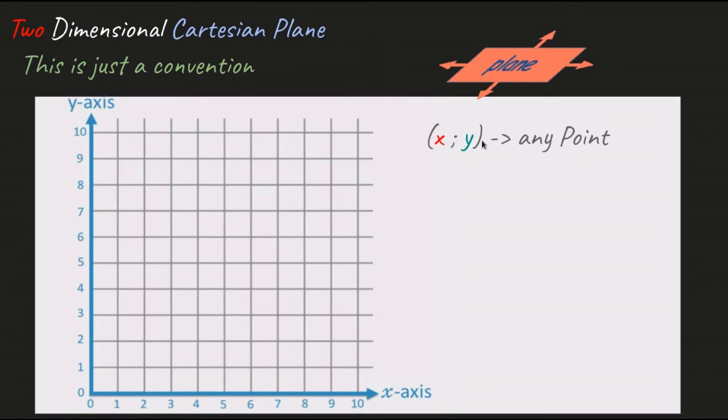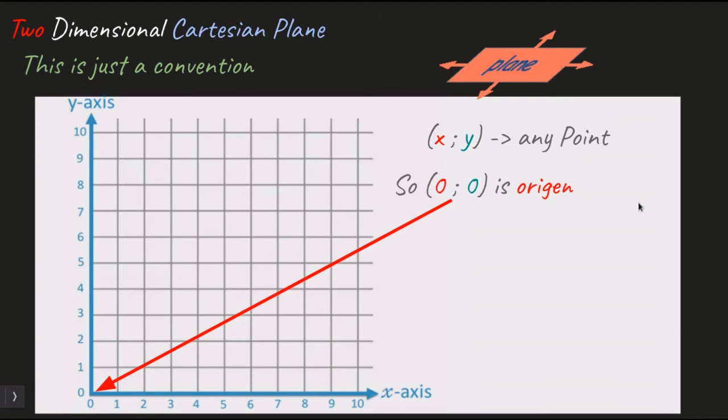So we've got (x;y), and we've separated x from y, so we know at any time where a point is. Where these two lines come together is a very important point. It's called the origin, and in that place x is 0 and y is 0, so that is the intersection of the x and the y axis.